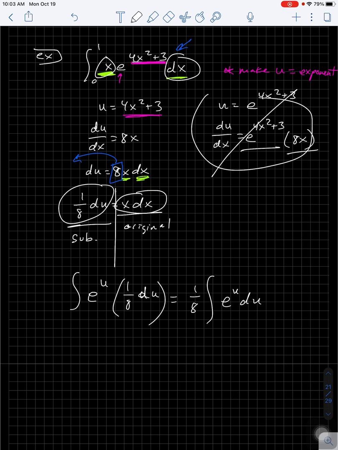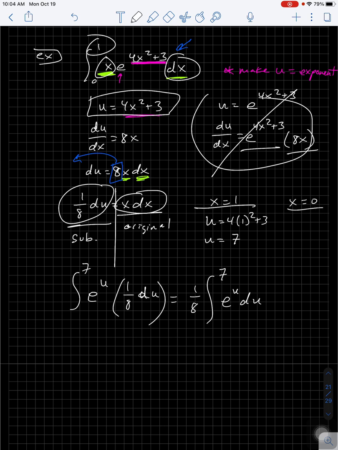Now let's talk about our parameters here. When x equals 1, I'm looking at the numbers here. I'm going to use this formula always, and I'm going to plug in. So I get u is 4, 5, 6, 7. So this becomes a 7 up top.